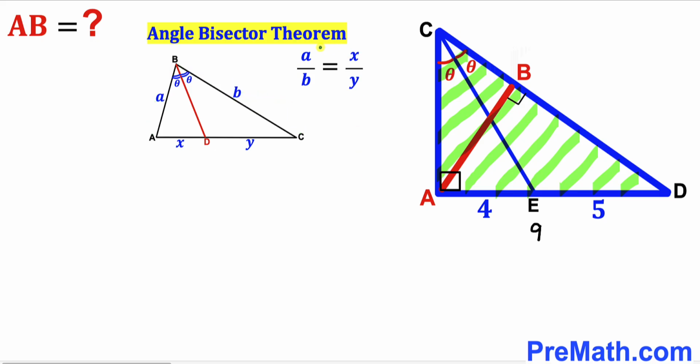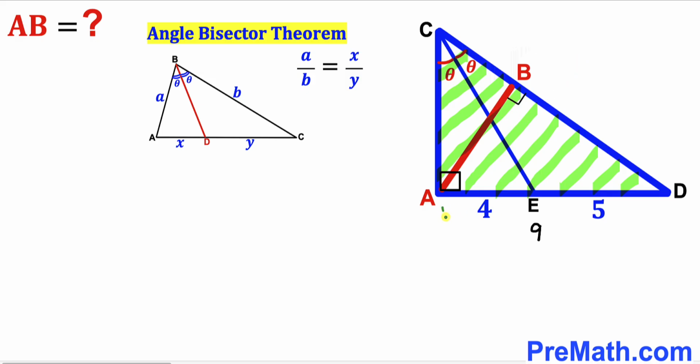Then we can write a proportion: the ratio of a and b is equal to the ratio of x and y. We are going to apply this theorem to the given problem.